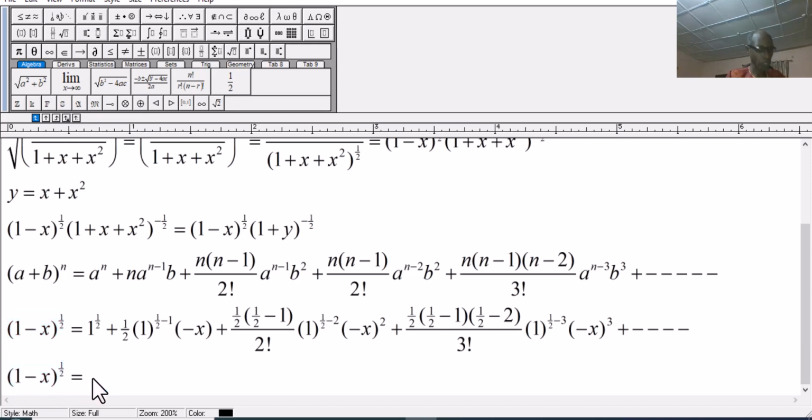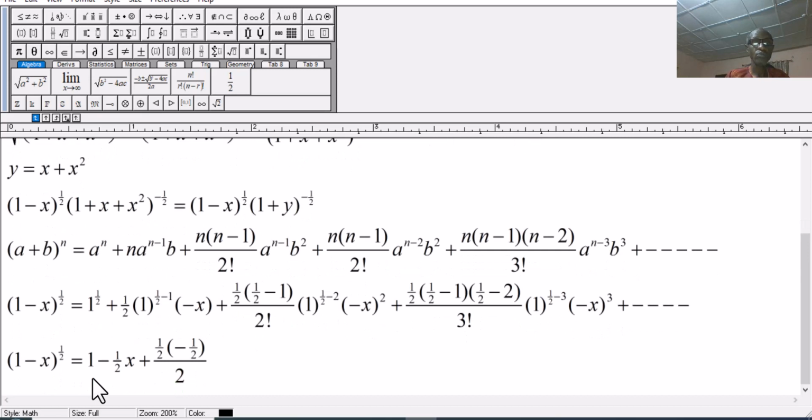So the next thing is to write this out. This becomes 1, and the next one will be minus 1 over 2 x. Then half times minus half over 2, then we have x squared.